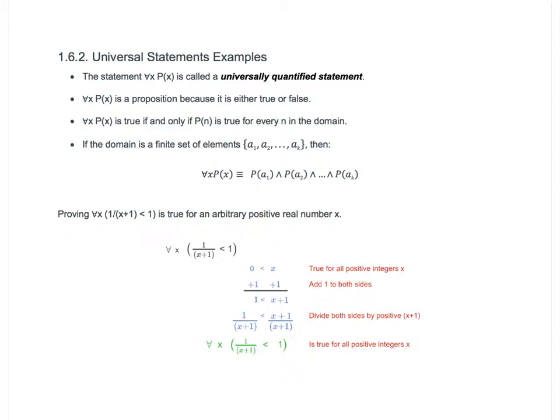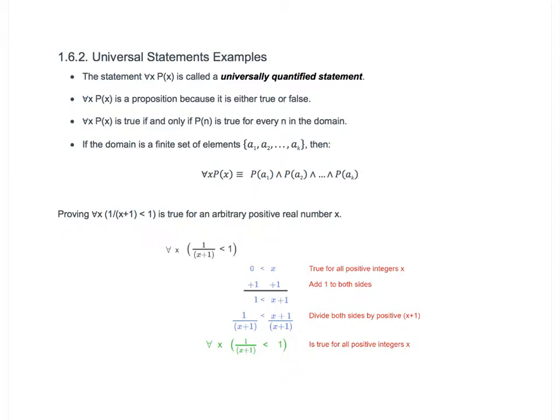If the domain is a finite set of elements like a1, a2, all the way to ak, then you can write the following equivalence. You can interchangeably use the conjunction of k elements, p of a1, p of a2, all the way to p of ak, instead of the universally quantified statement for every x, p of x.